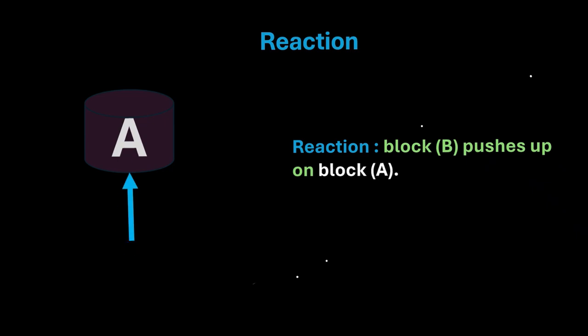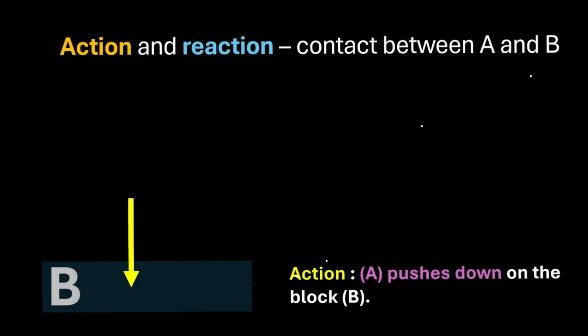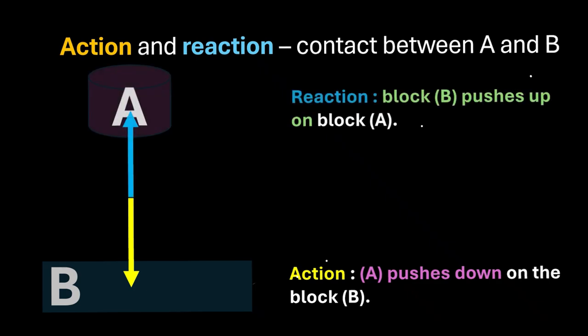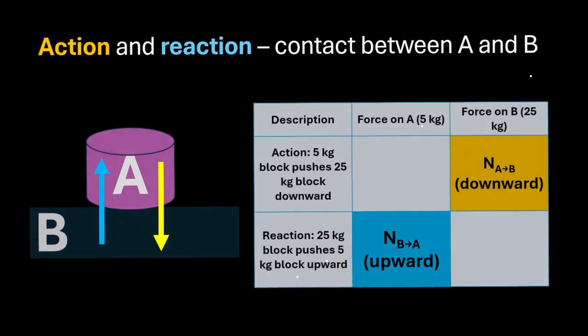Now, if we were to consider this, block A experiences both action and reaction. Action is pushing down on B, and reaction will be block B pushing up on A. Okay, so action and reaction.